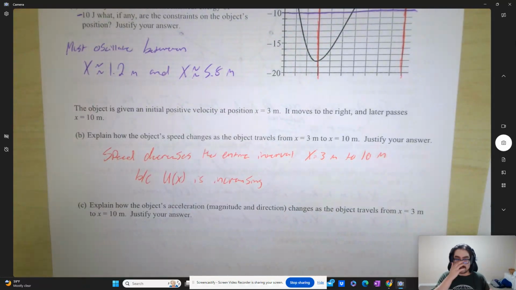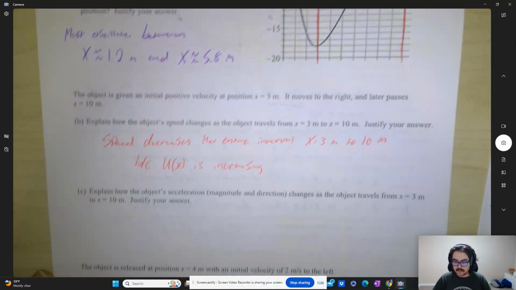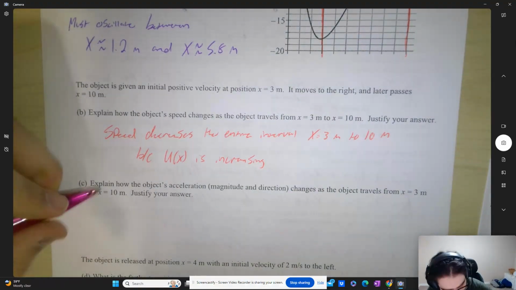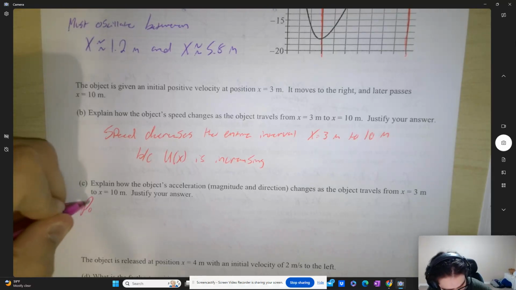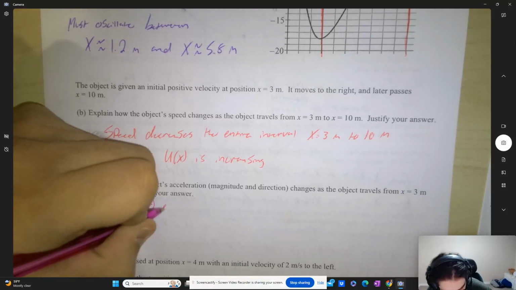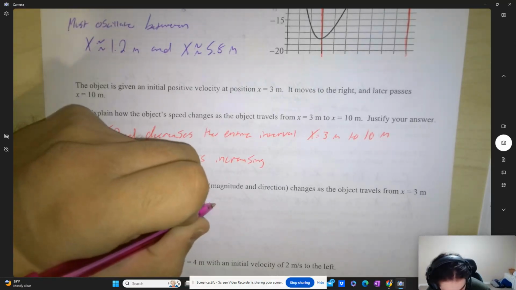So there's less to share with the kinetic side. And from 3 to 10 as well, the slope is positive the entire time.